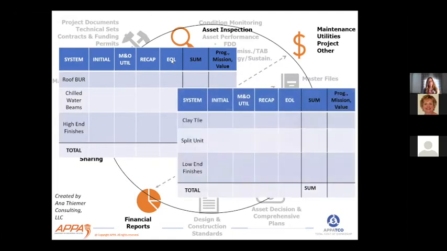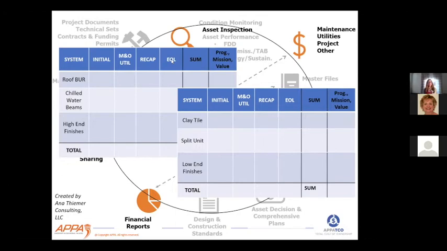In addition to that, with the new construction or the new asset, you would have an alternate. So you'll see in this example, you've got a built-up roof versus a clay tile roof, with our initial cost, our M&O, recap for both of those, and see if we can come up with the most efficient and best value for the university.